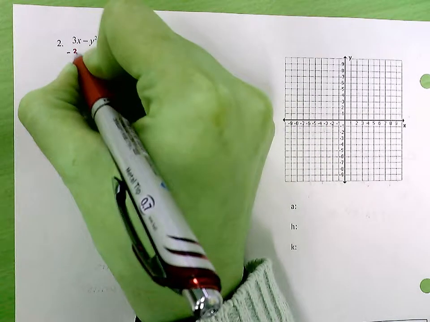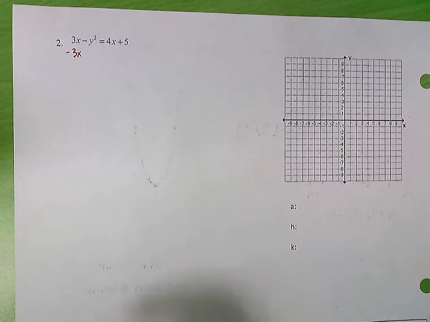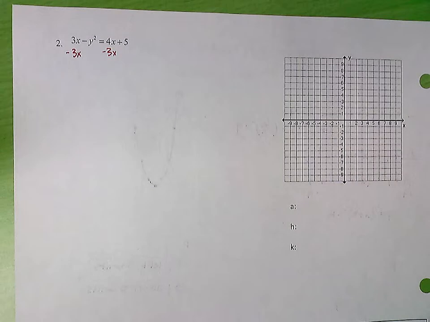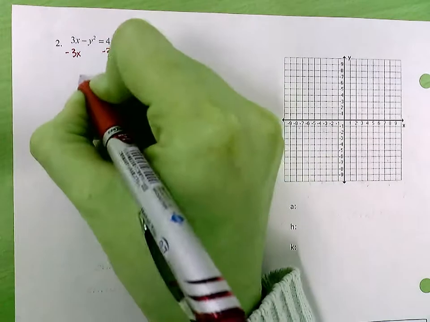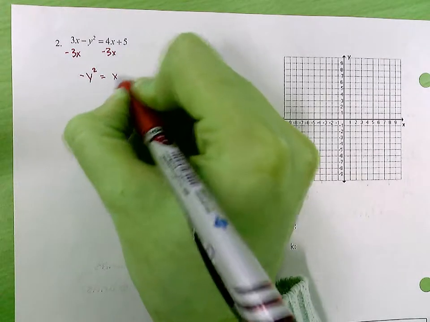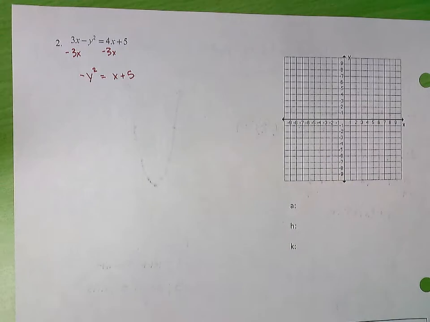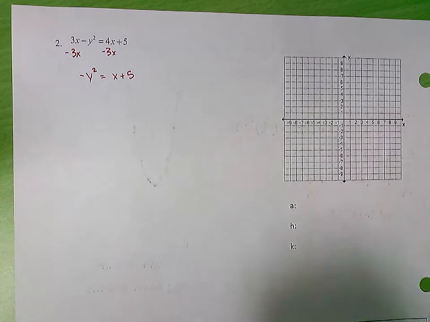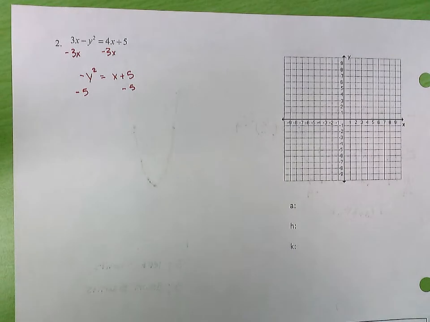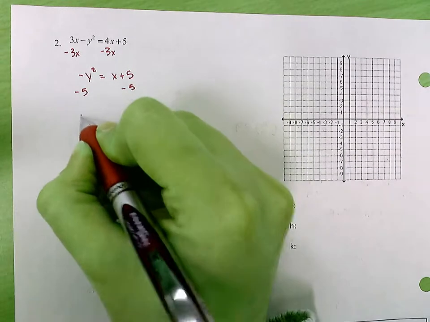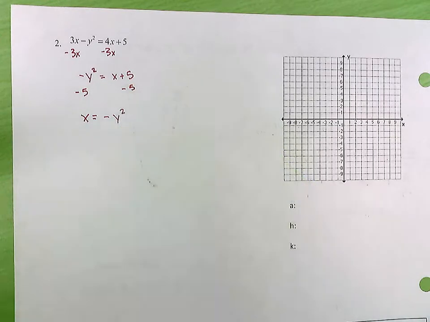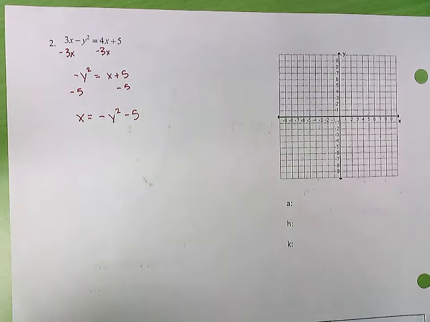So I'm going to subtract 3x from both sides. So I have negative y squared equals x plus 5. Subtract 5. I'm going to write x first though. I'm going to say x is equal to negative y squared minus 5.